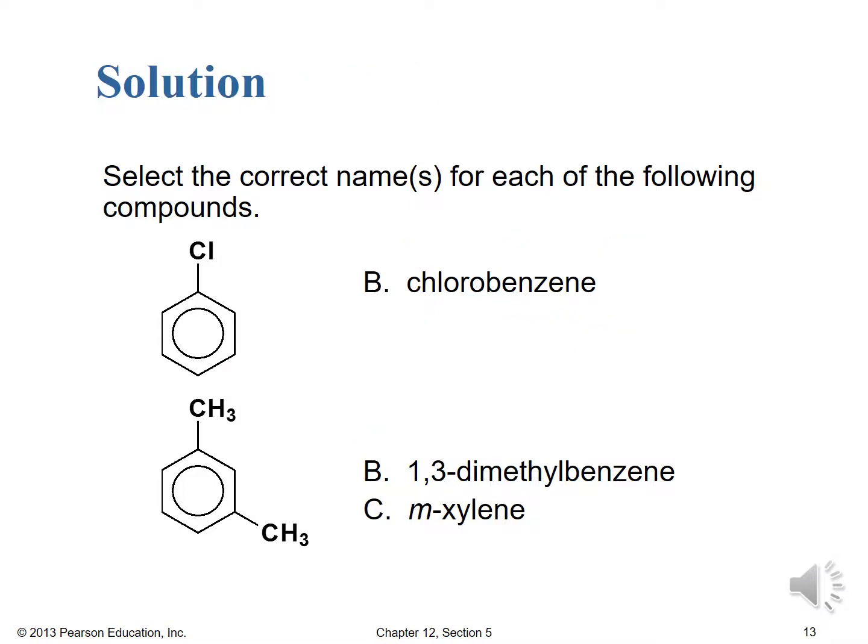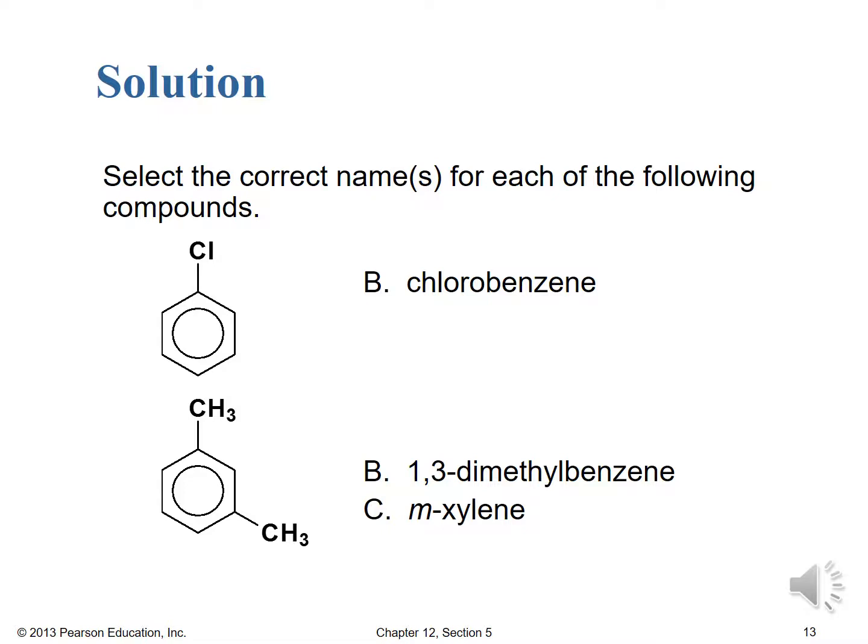Okay, so for that first compound, there was only the one option that would work, and that was B, chlorobenzene. For the second compound, we can refer to it as B, 1,3-dimethylbenzene, but being a dimethylbenzene, we know that xylene is also a common name for it, and this happens to be metaxylene for the 1,3 position.